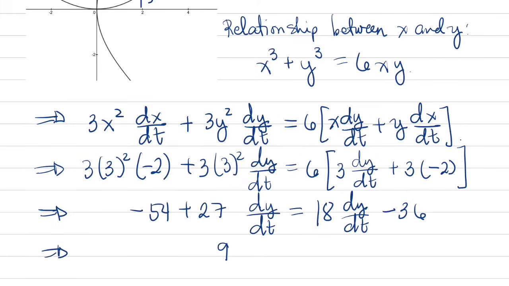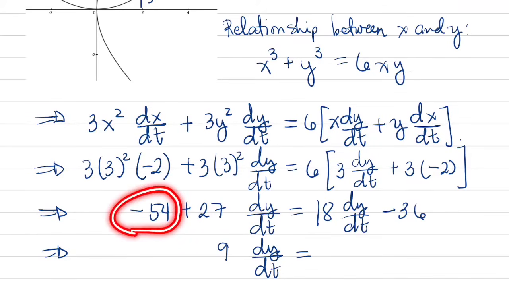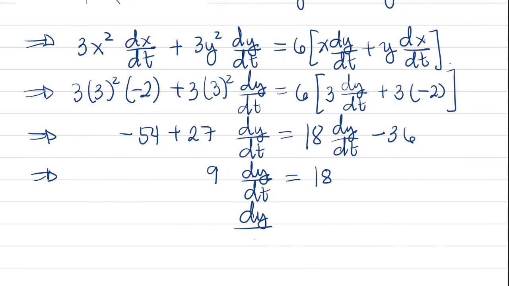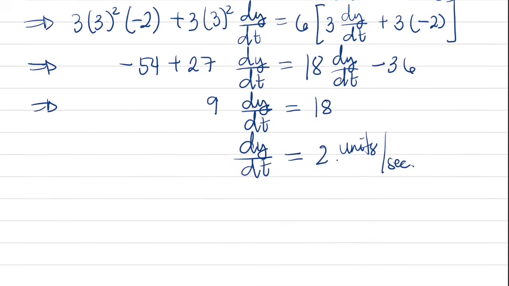Okay, so 9 dy/dt equals, so negative 54, we transpose it to the right, so that becomes positive 54, 54 minus 36 is equal to 18. Okay, so 18. So what is dy/dt? It is equal to 2. Okay, so that is 2 units per second.